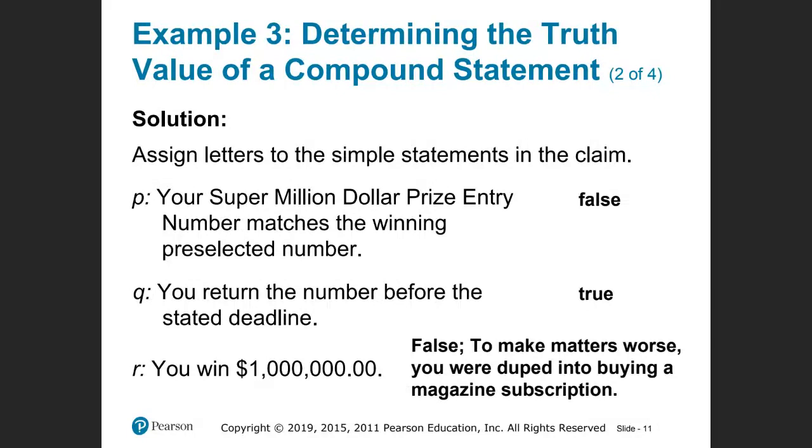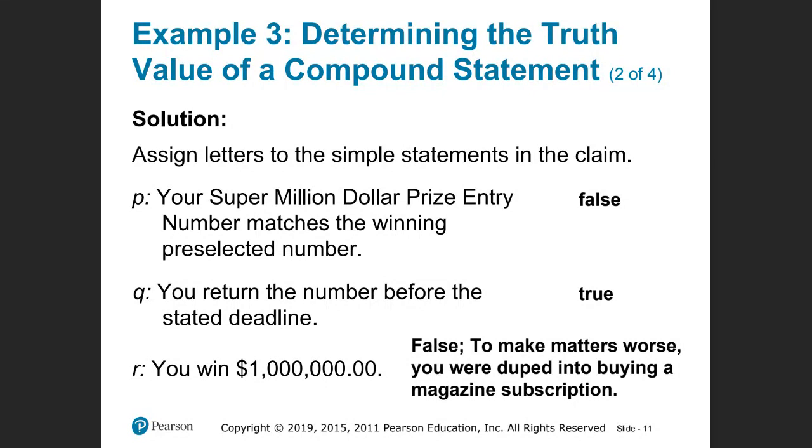So, as we have done before, we're going to assign letters to these simple statements in the claim. P would be that your super $1 million prize entry number matches the winning pre-selected number. Well, this is false. It said that it did not match. Q, you returned the number before the stated deadline.